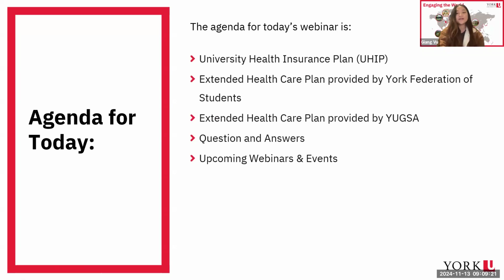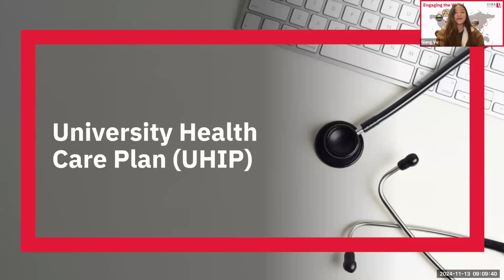After, we'll have our Q&A section, and as a reminder, you're welcome to ask your questions using the Q&A feature throughout the presentation and during the Q&A time at the end of presentation. Lastly, before we wrap up today's webinar, I will be sharing some of the upcoming York International pre-arrival webinars and fun events.